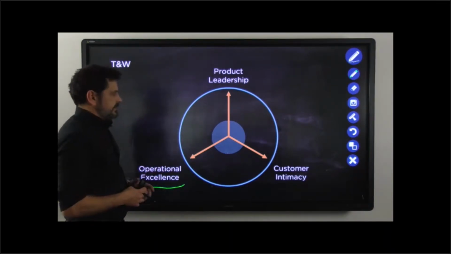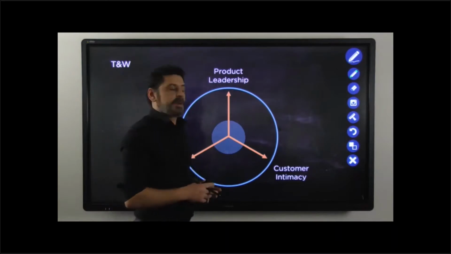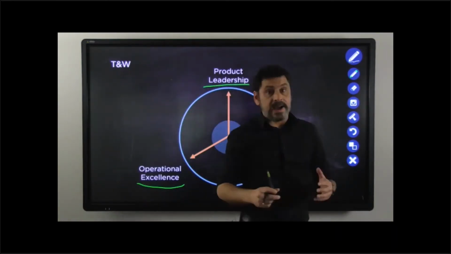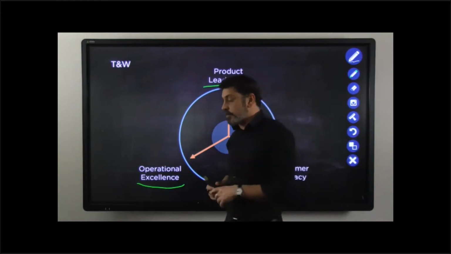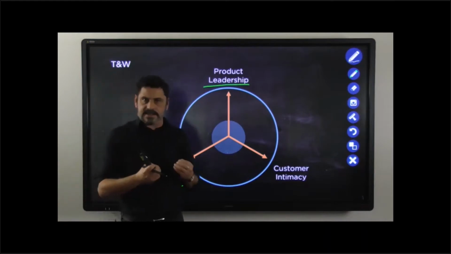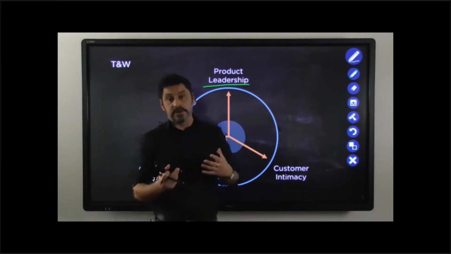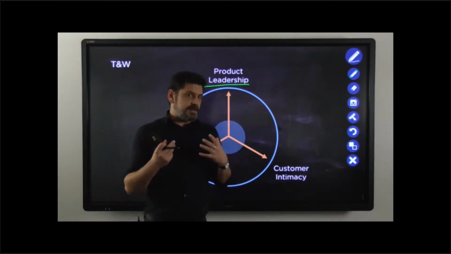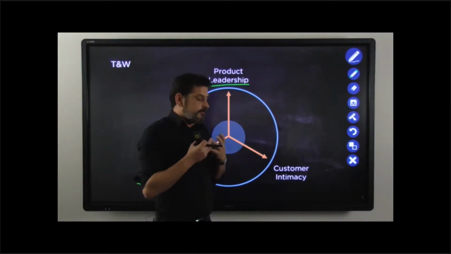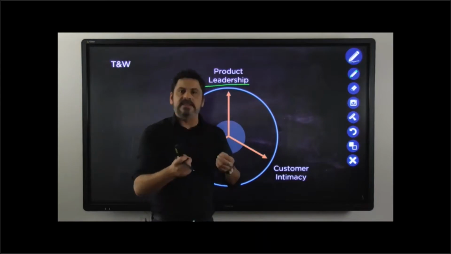Other guys could go for the product leadership. The product leadership part would be something like the Apple iPhone when it first emerged so many years ago. You have something and nobody else has that. So it will attract customers to you if it's a good product, for the mere specialty that you have put in it.